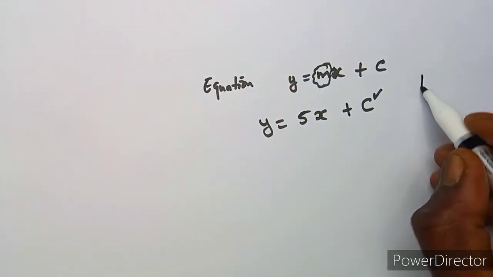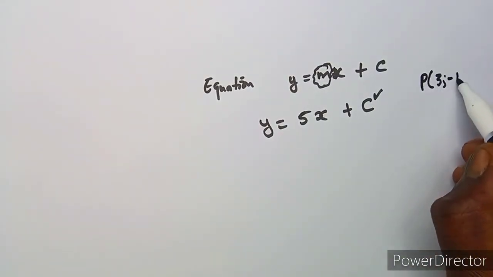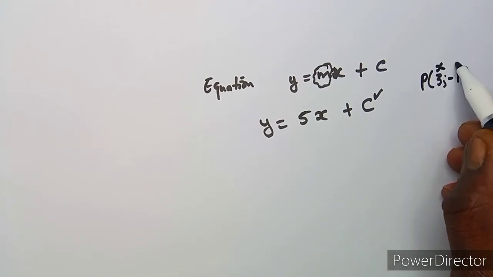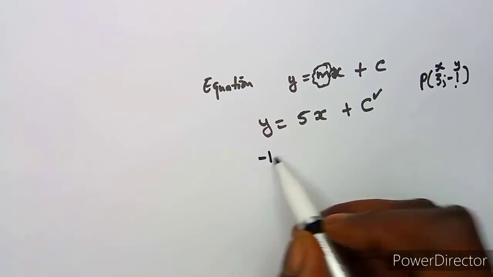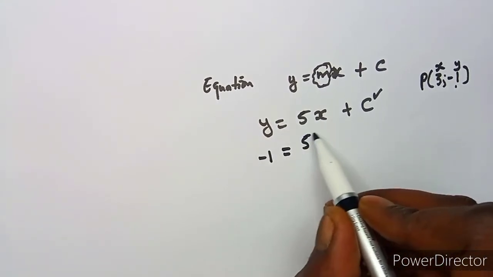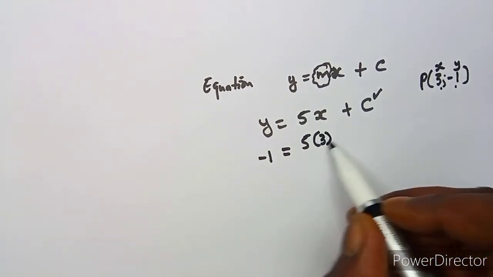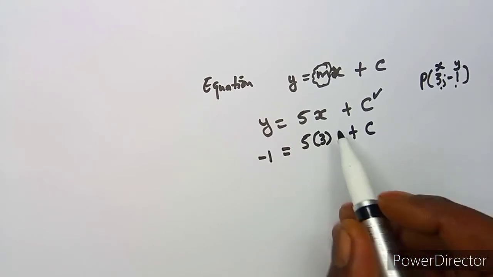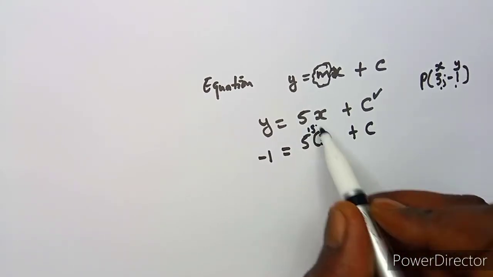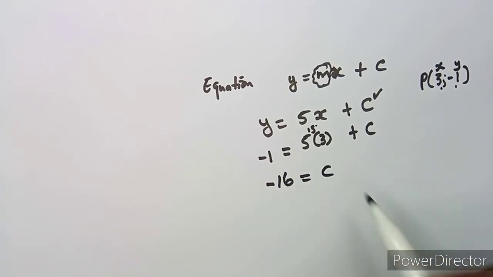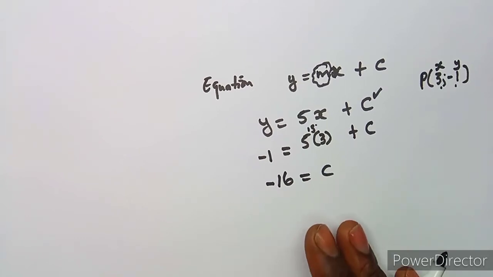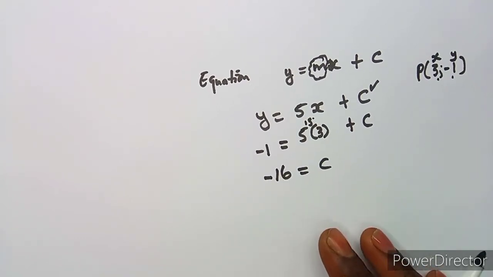So substituting the point P, this is your x and this is your y. In place of y, we have -1 = 5 times 3 plus c, that's 15 plus c. Then you transpose, and it's going to be a negative: that's -1 minus 15, which is -16. That's what you're going to have.